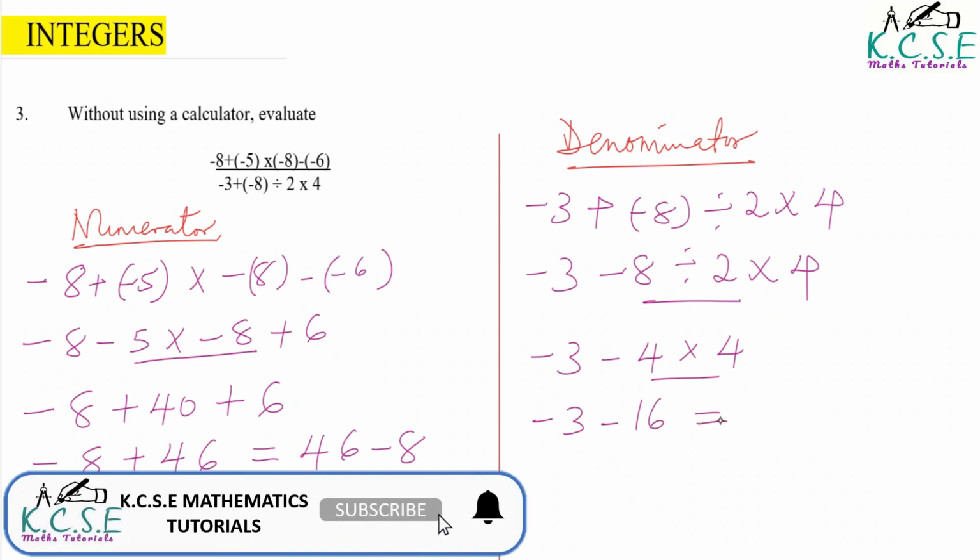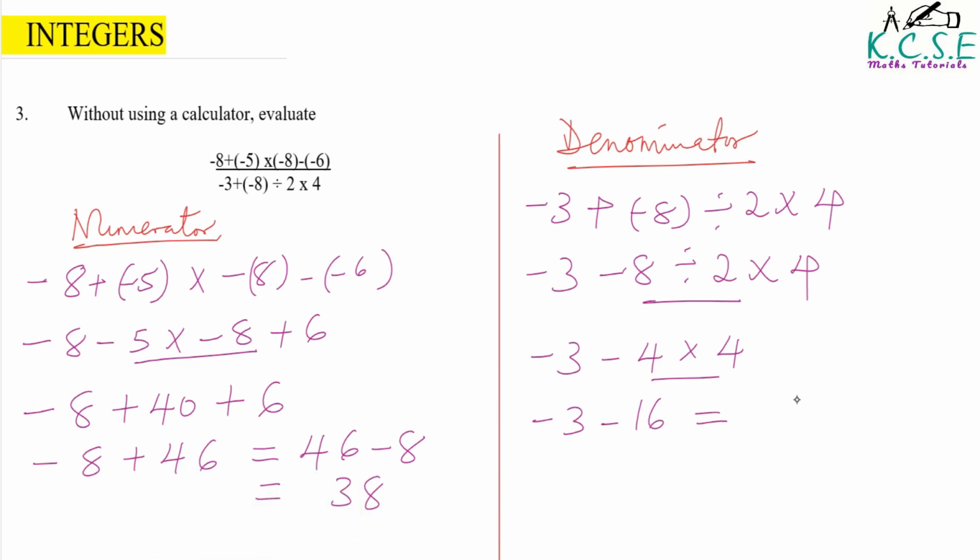And this gives negative 3 subtract negative 16 will give negative 19. Therefore, the solution in the numerator is 38. The denominator is negative 19. Therefore, the answer will be given by the numerator divided by the denominator, and this one gives negative 2 as the solution.